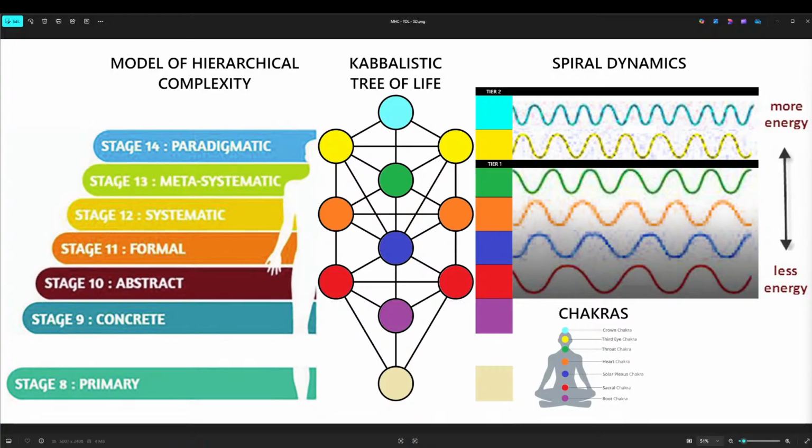the other system besides that would be the model of hierarchical complexity, which, as I mentioned, is related to Ken Wilber's work, and basically corresponds to spiral dynamics in their system.